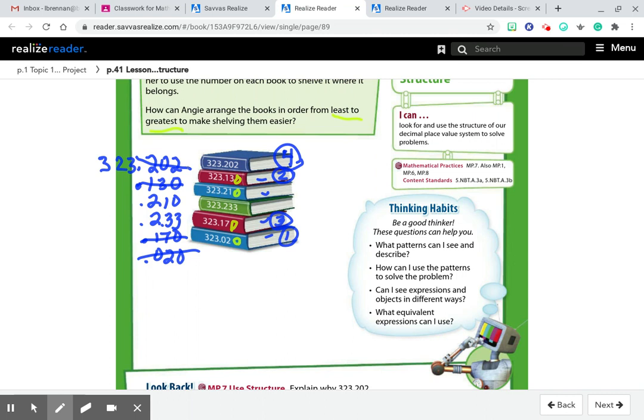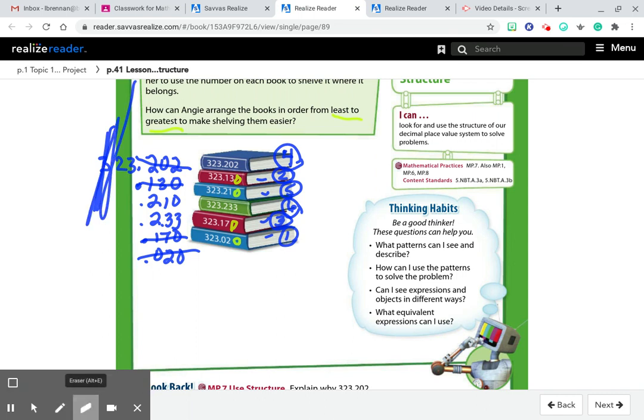Now I've got just 2 left. So this one's my next, and then this is my largest book. So that's systematically using the structure of decimal place value to help me sort these books from least to greatest. And then when I put them on the shelves, they can all be in the right order. That is a real world problem that librarians deal with every day.